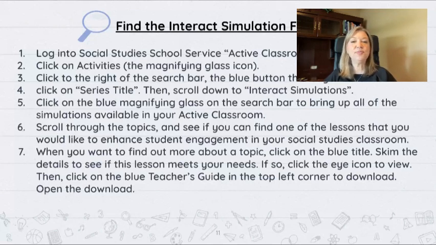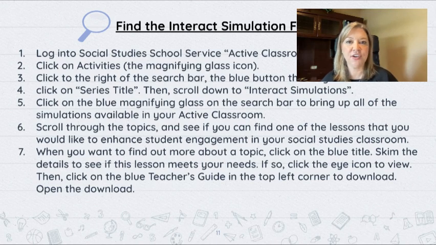All right. So right now we're going to find the Interact simulation that best meets your needs. So I'm going to go ahead and have you log in to the Social Studies School Service Active Classroom. I've posted the directions here on the screen so that you can see step by step how to do it, but I will also read it to you so that you can do it as we go here.